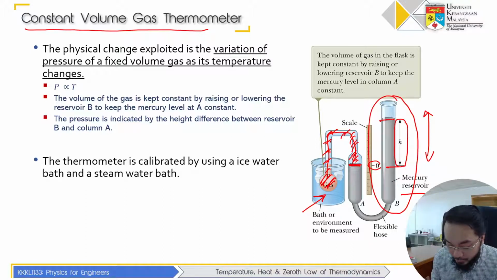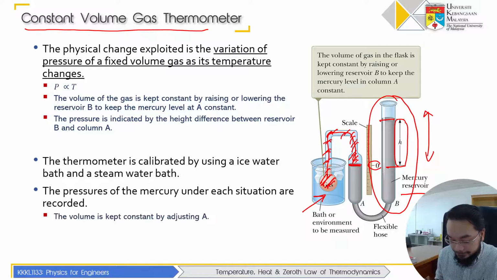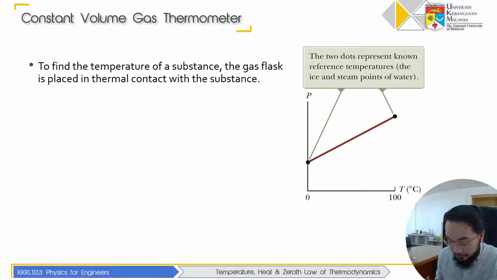So the thermometer is calibrated by using an ice water bath and a steam bath, so you can do both. All right, so the pressures of the mercury under each situation are recorded. The information is plotted. To find the temperature of a substance, the gas flask is placed in thermal contact with the substance. Pressure is found on the graph. The temperature is read from the graph.